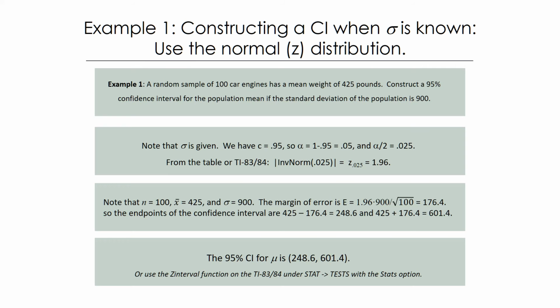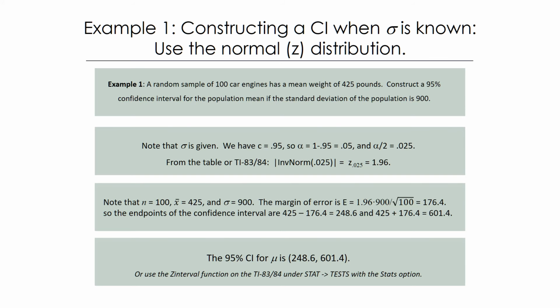So the margin of error using the formula is E equals 1.96 times 900 divided by the square root of 100, which is 176.4. So the endpoints of the confidence interval are found by taking 425 minus 176.4, which is 248.6, and 425 plus 176.4, which is 601.4.